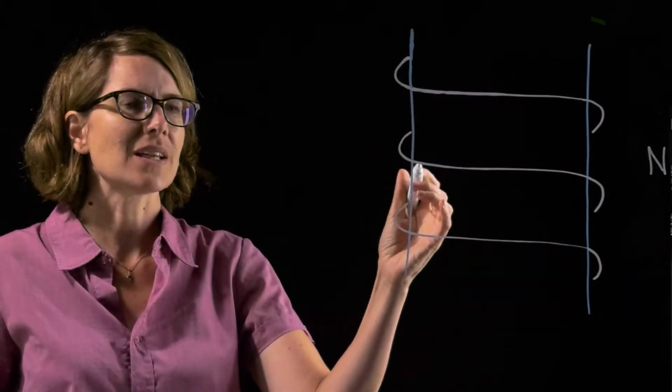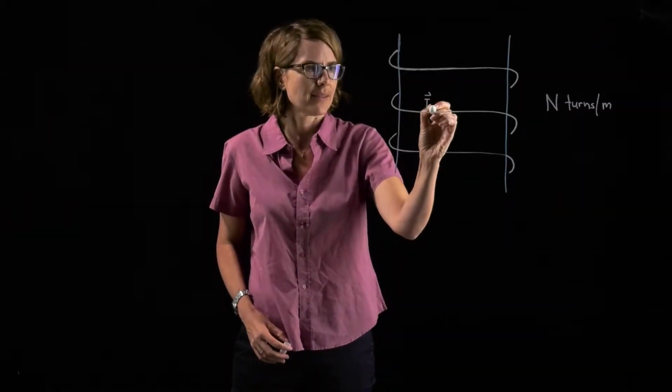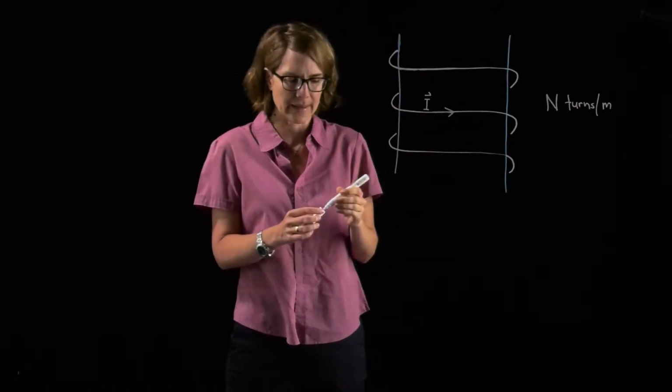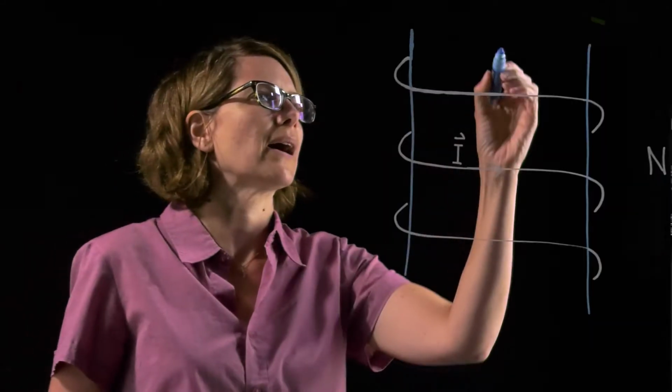We have a steady current, I, travelling through the wire, and we'll give it a radius of R.